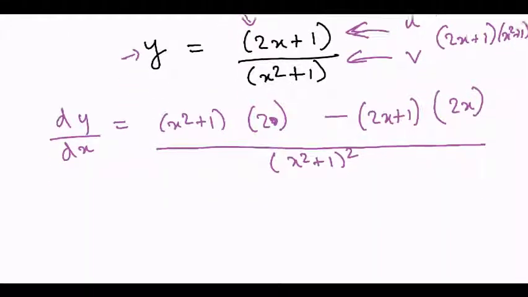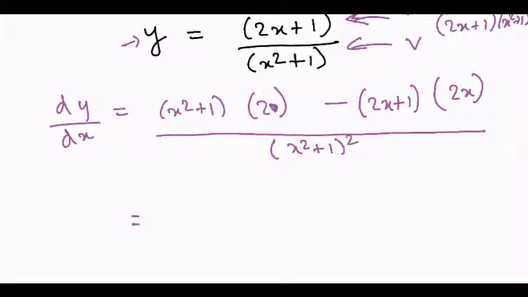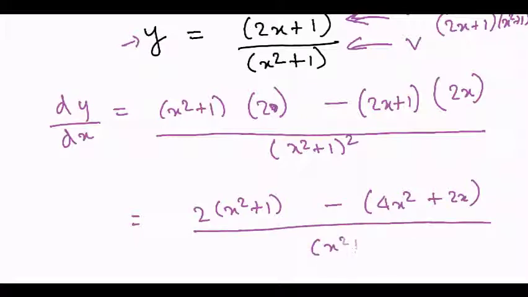Now if I try to simplify this, 2 times x squared plus 1 minus 4x squared plus 2x, divided by x squared plus 1 whole squared.